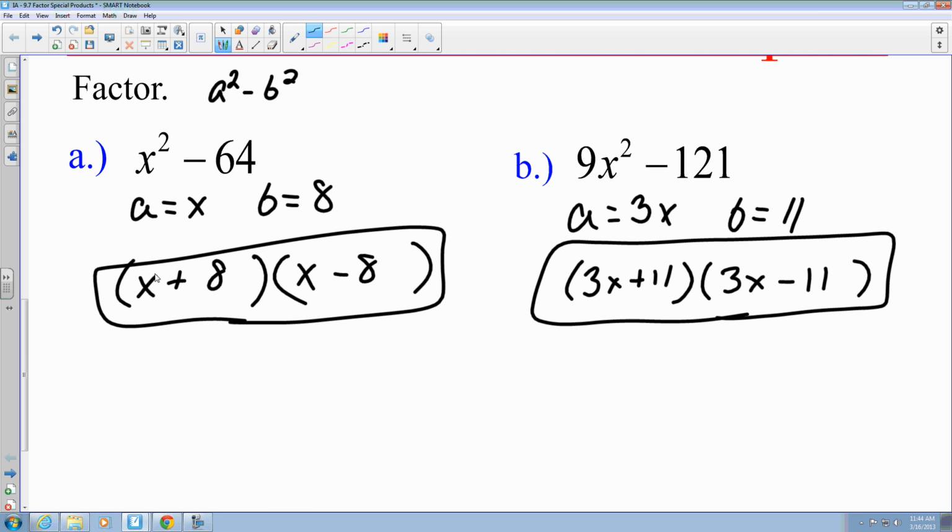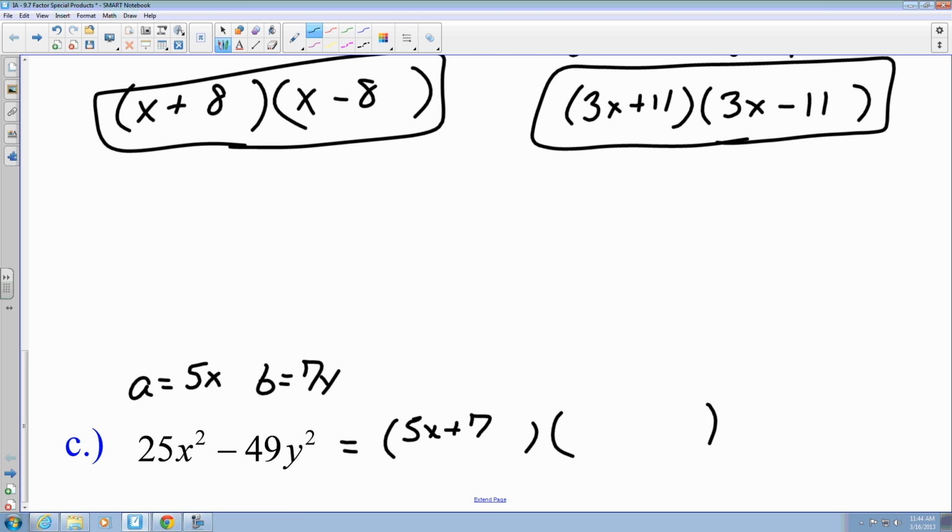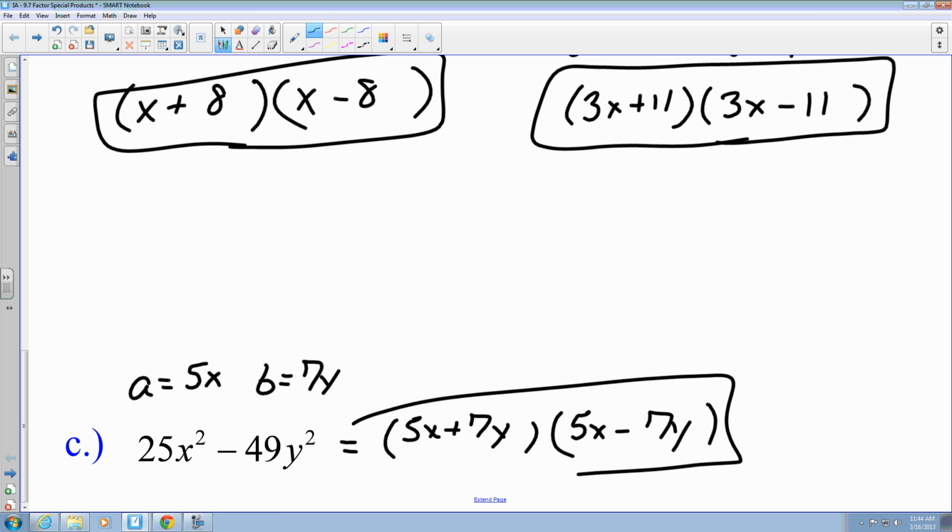Okay. Looking at C, my A is going to be 5x. My B is going to be 7y. So then this can be rewritten as 5x plus 7y times quantity 5x minus 7y.